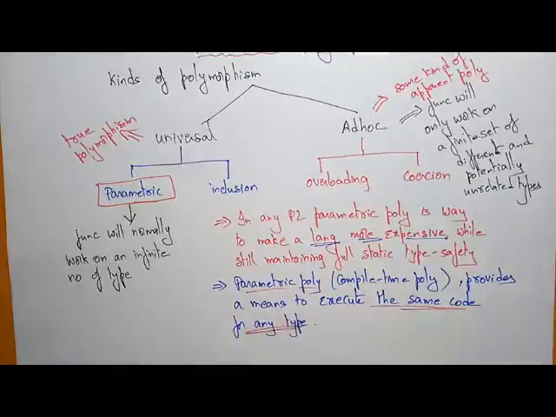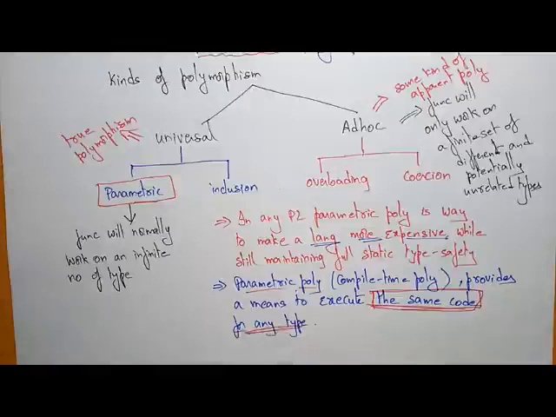In those cases you can go for parametric polymorphism, just like a template. A template consists of the same code, but we use different data types with the help of class and function parameters. If your class or function consists of the same code and you are repeating it for different types, then you go for parametric polymorphism.